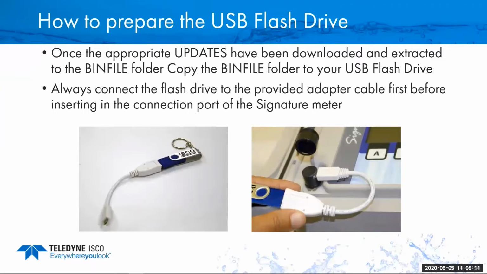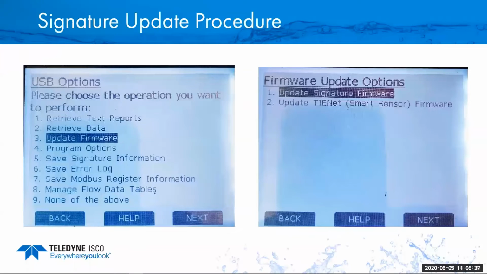There is a white USB adapter cable that will be clipped into the inside door of the signature meter. You will plug your USB drive into that white adapter cable and then plug that adapter cable into the signature. When the signature recognizes that you have connected that drive, a menu will pop up on the signature's display.